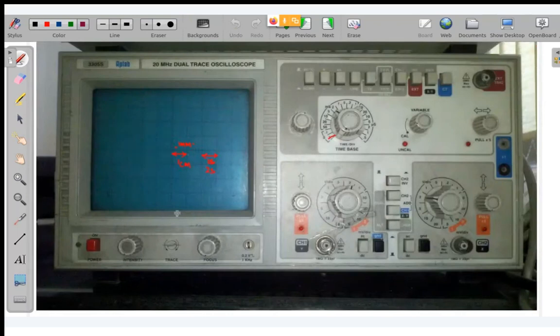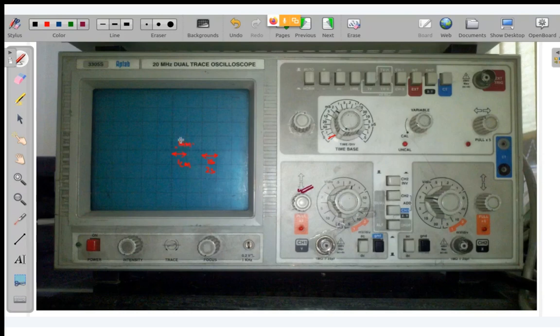Let me see. This one, this one. You can take the signal up or down.